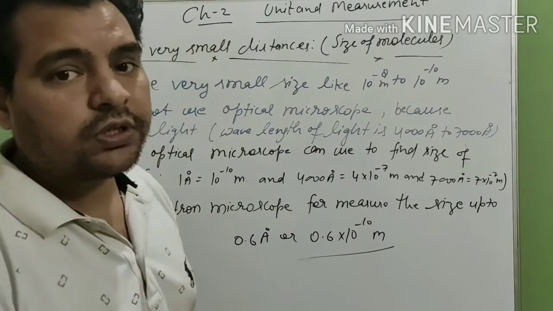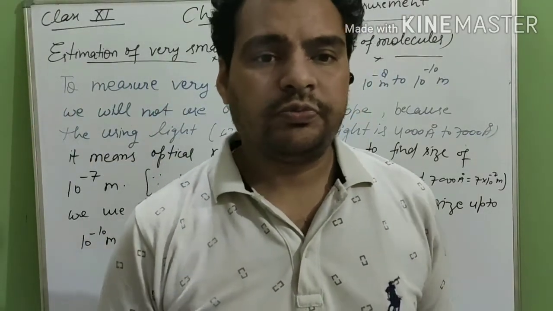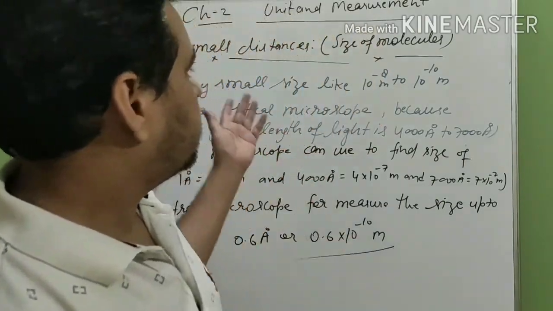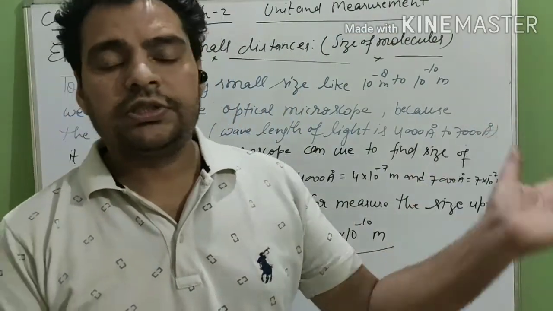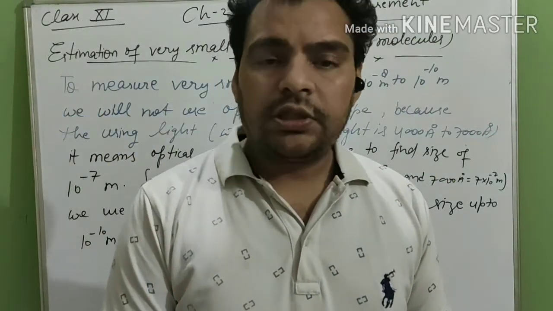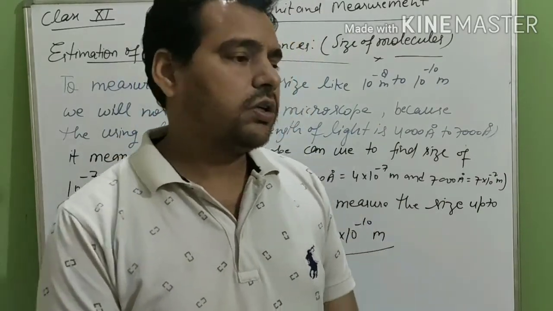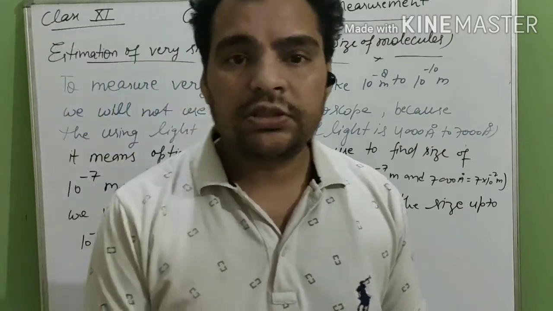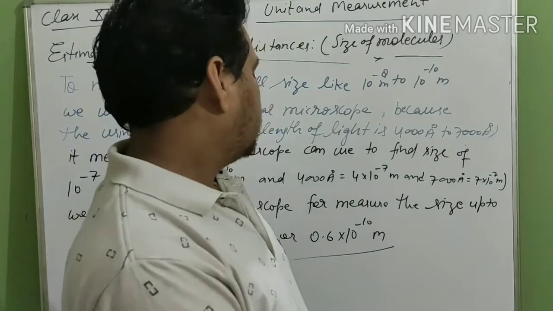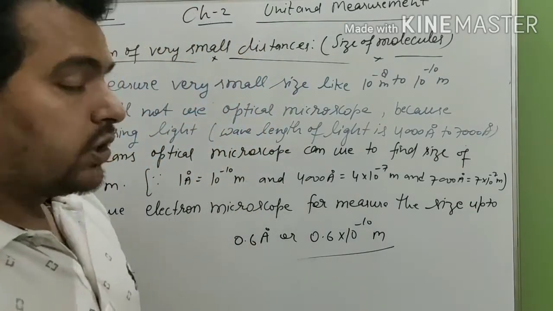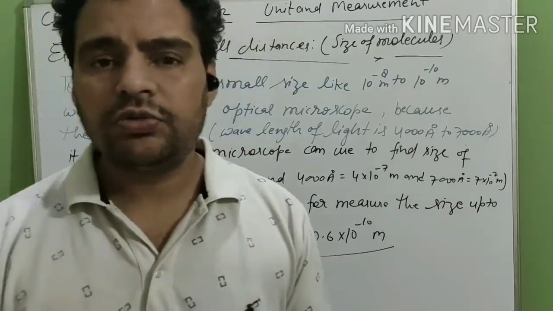I hope you understand how to measure the size of different bodies. To start, we use the meter scale for measuring large or normal distances, and vernier calipers, which can measure sizes up to 10^-3 to 10^-4 meters. Now we will do some numerical problems. Let us see how they can be solved.